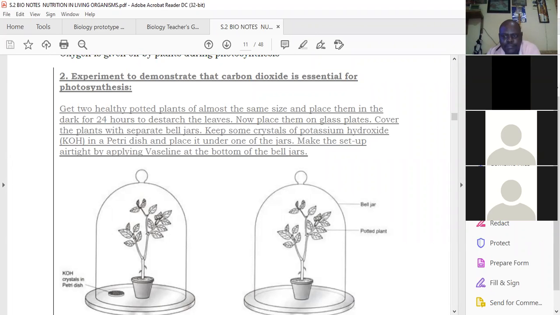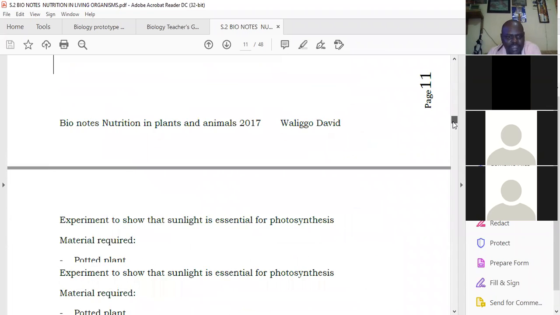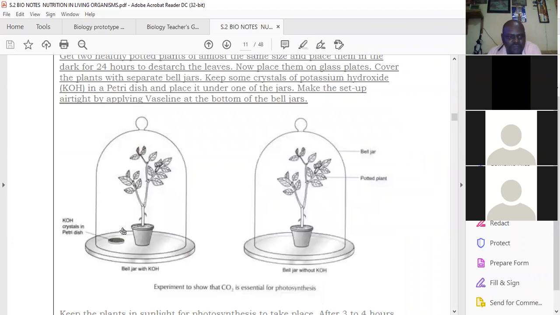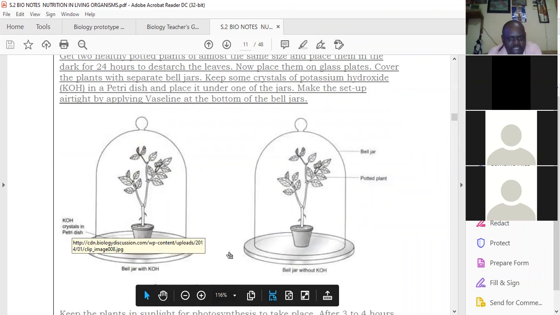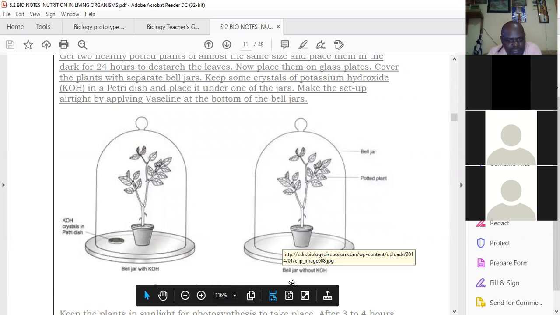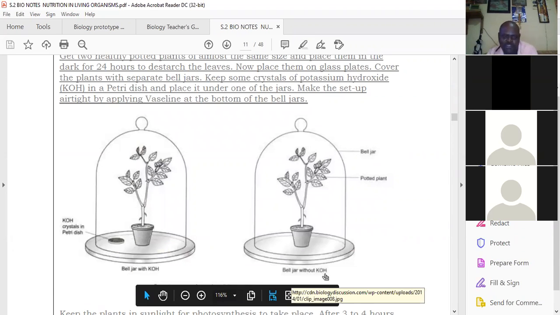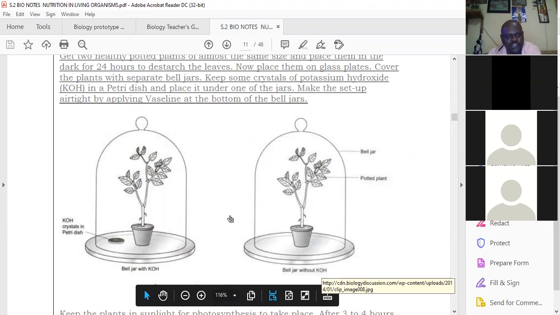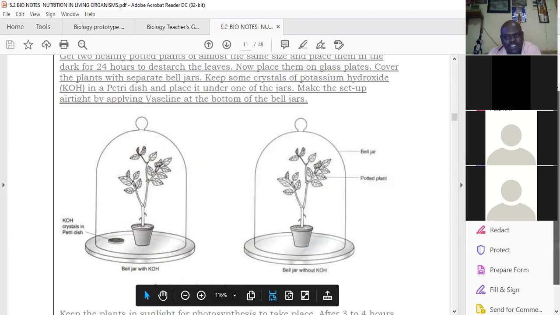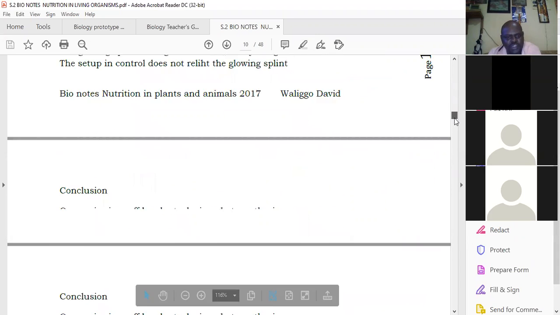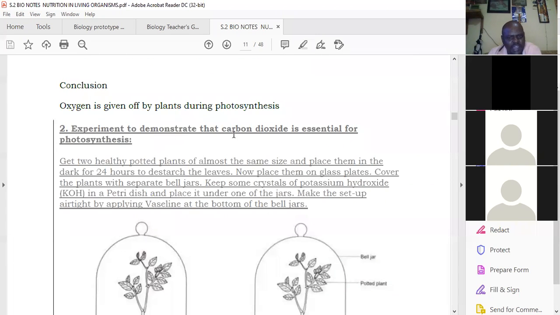Okay. All right. I think now we can follow. Like we see there in the setup, we have put potassium hydroxide crystals in the petri dish. And then in the other, we see a barrel jar without potassium hydroxide. Now, the gist of this experiment is all about carbon dioxide. We're testing to see, the question is, is carbon dioxide essential for photosynthesis?